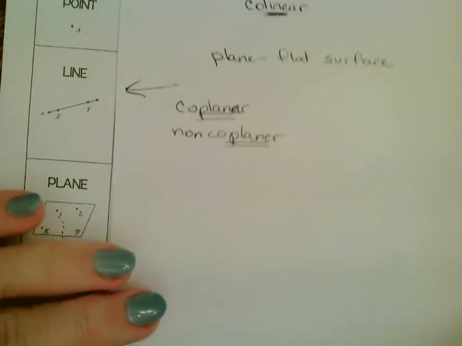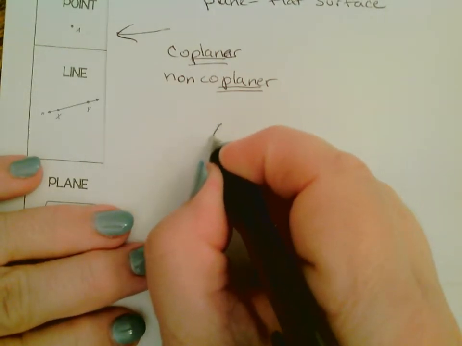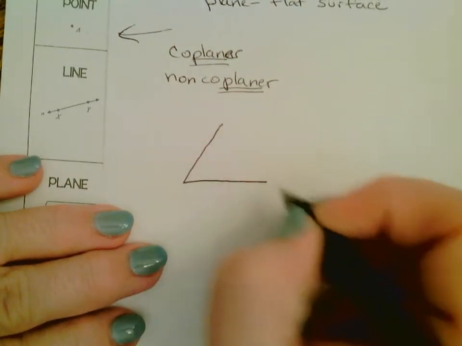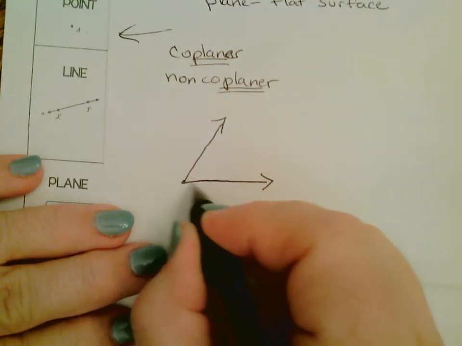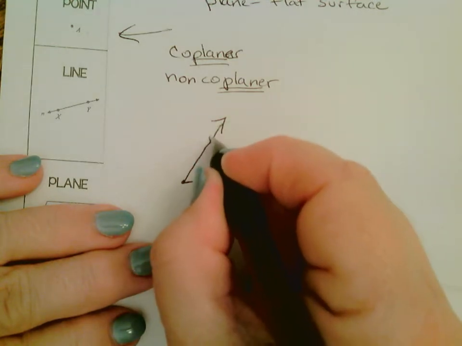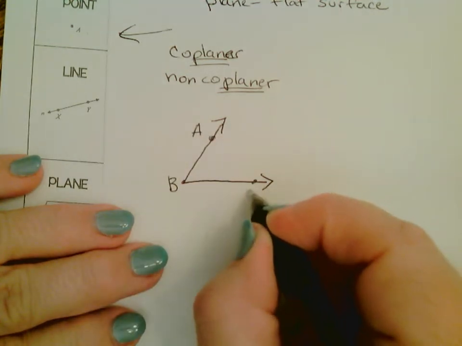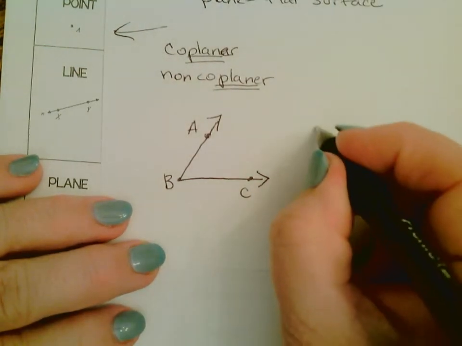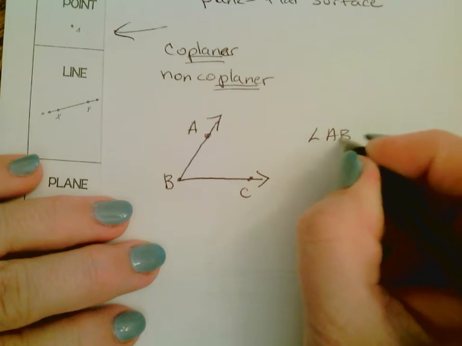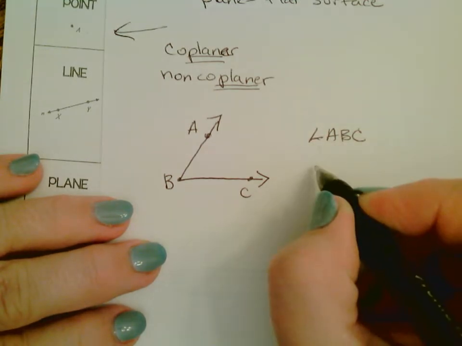We have also in vocabulary talked about angles and naming angles. So if I have an angle right here, it is made up of rays. Say I have a point here, a point here, and a point here. We would call this angle ABC. So that's the way we name an angle.